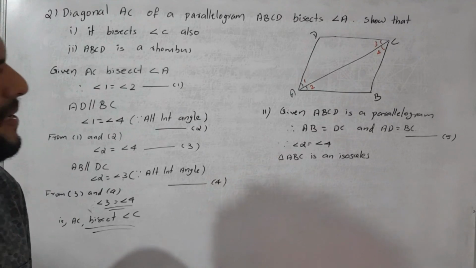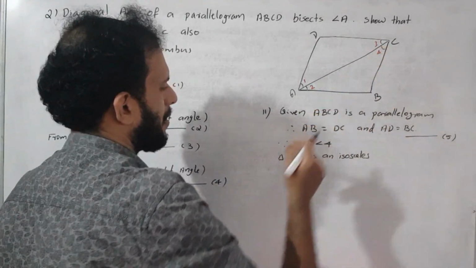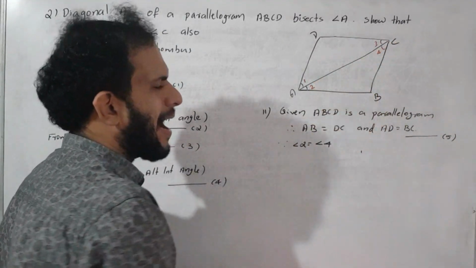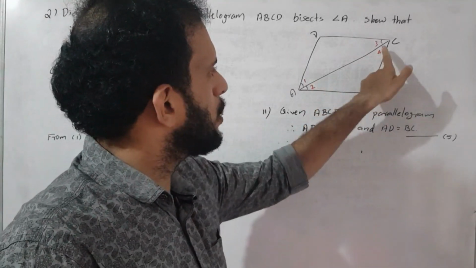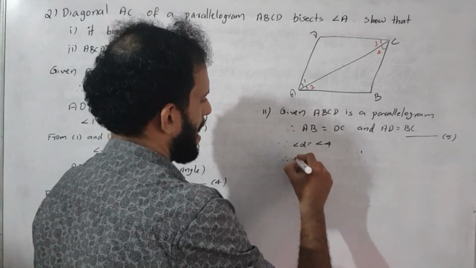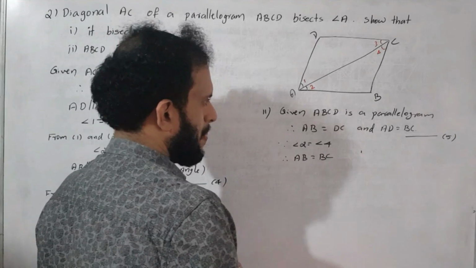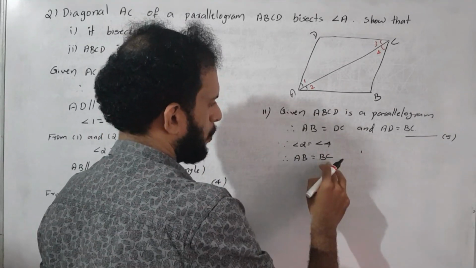In the triangle, angle 2 is equal to angle 4. Therefore the sides opposite to equal angles are also equal. Therefore, AB is equal to BC.